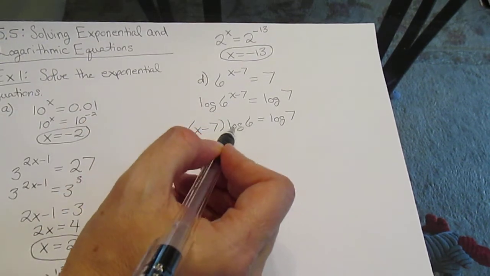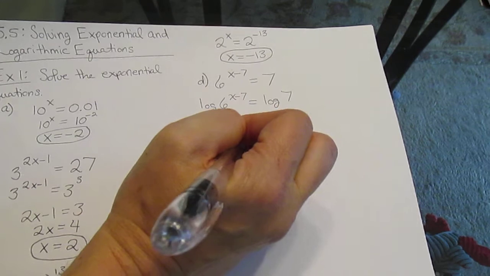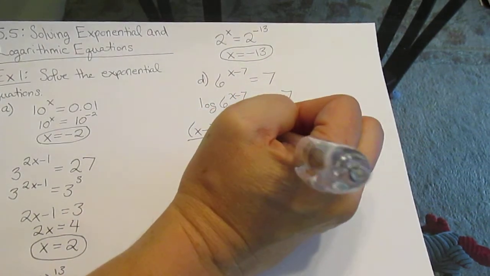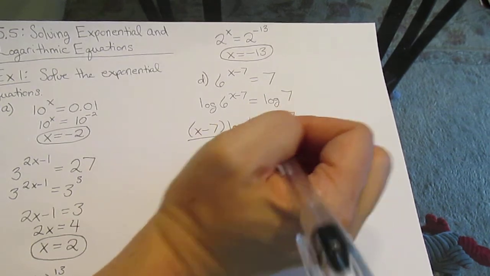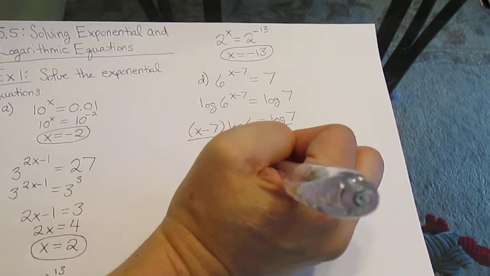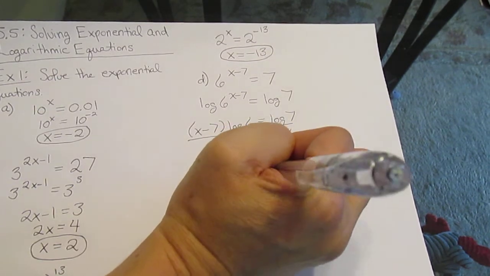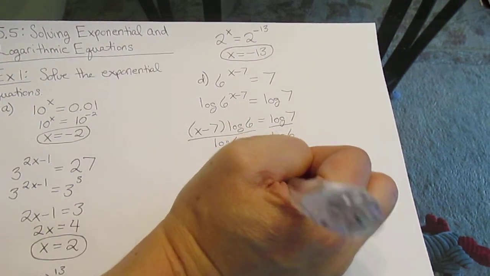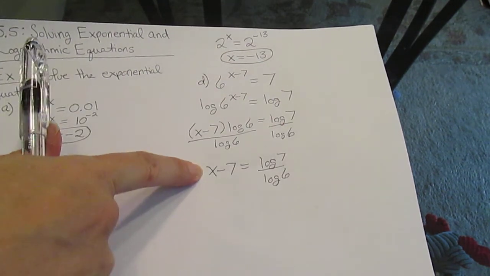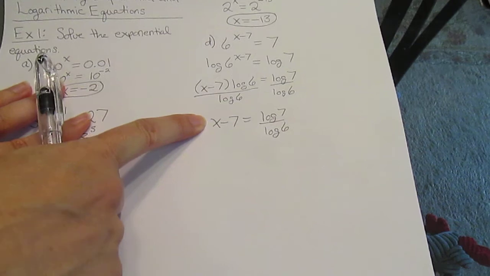Well, first of all, I need to cancel the log 6 out, so I'll divide by log 6. And finally, to get x by itself, I can add 7 to both sides.